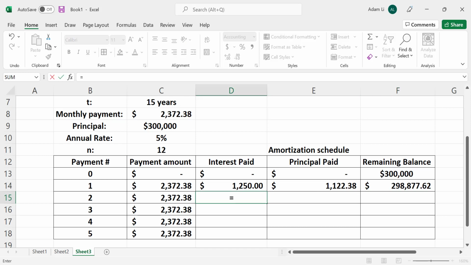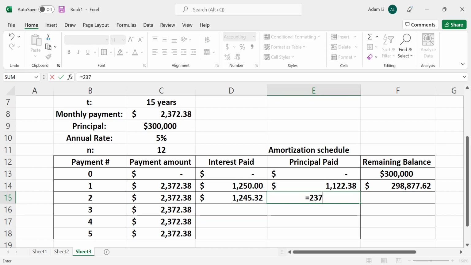Now for the second payment, you're paying interest based on the remaining principal, or remaining balance, at 5% over 12. The rate remains the same. So you're paying less towards interest.